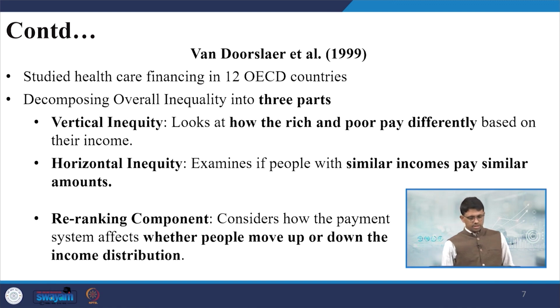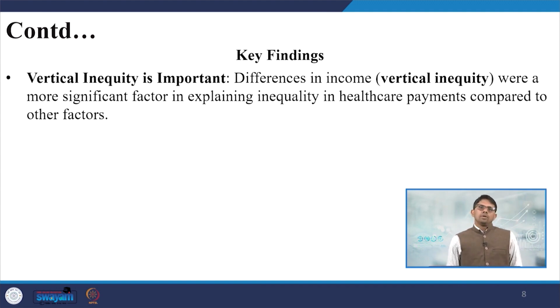Okay, so vertical inequity and horizontal we have largely discussed. However, in the case of the re-ranking component, the change emphasized is how the payment system affects whether people have actually moved up or down the income distribution. So that's called the re-ranking component.